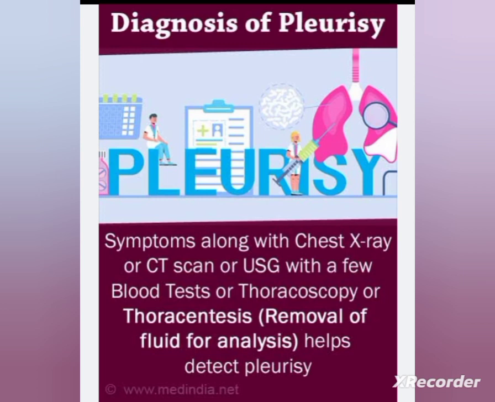Then MRI and CT scan can also be done. So the main diagnostic measure of pleurisy is the chest x-ray. And thoracentesis will help to detect the microorganism present in the pleural fluid. So those are the diagnostic measures.